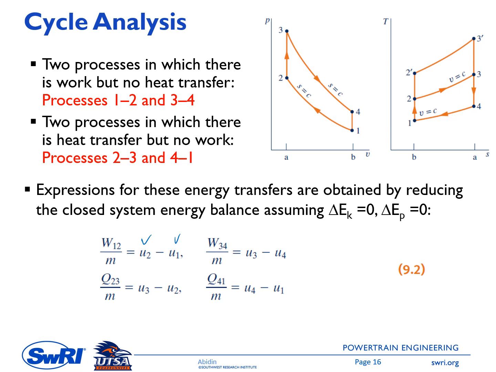And then the work produced during the expansion stroke is U3 minus U4. This is per unit mass once again. And then the Q added to the system per unit mass is U3 minus U2, and the heat rejected out of the system per unit mass is U4 minus U1.